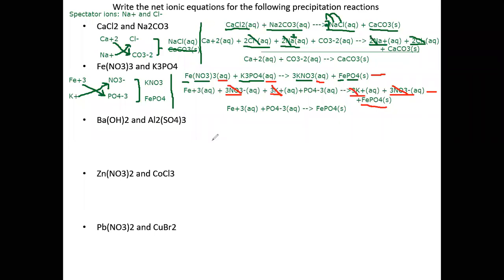So in the third example here, we have barium hydroxide and aluminum sulfate. So we want to write the precipitation reaction of these two compounds. And so the first thing is we need to break them apart.